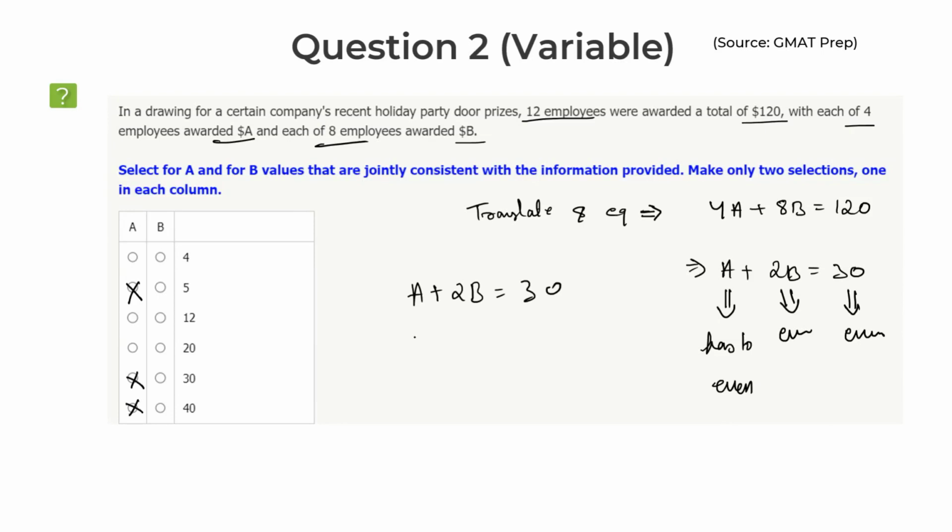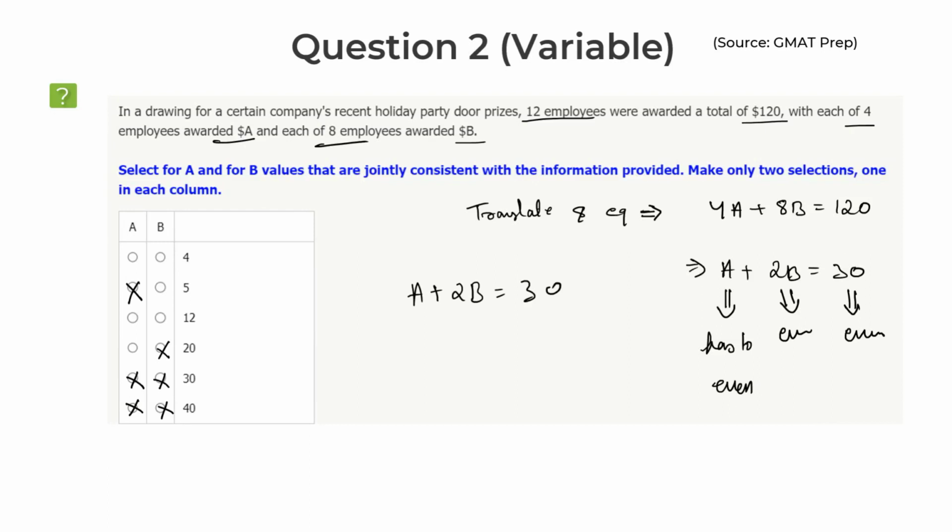Because if the value of a is 30 itself, then b would become 0. And a, of course, cannot be 40 also, because b cannot be negative, right? In the same fashion, b cannot be 20, b cannot be 30, and b cannot be 40, right? So all these go out of the options. So these cannot be the answer.